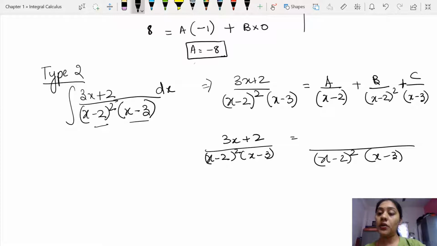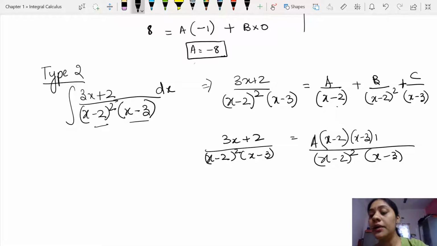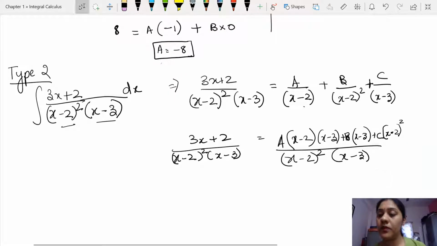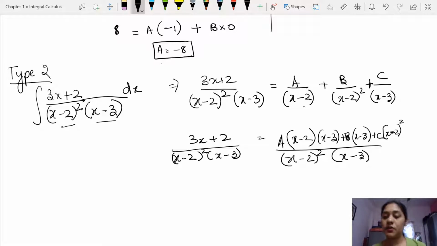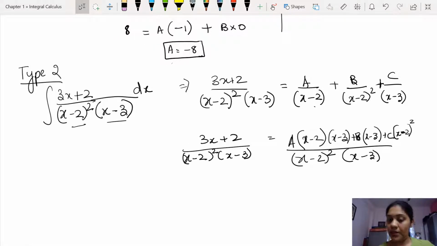In the numerator, you will have a into x minus 2 and then x minus 3. And in the b term, you will have only x minus 3. And in the c term, you will have x minus 2 the whole square.